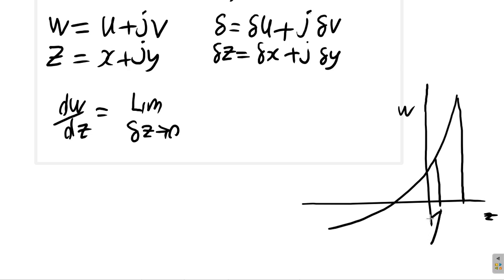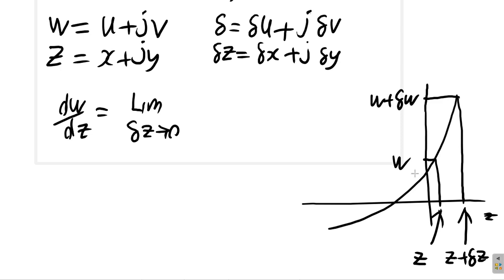Now, this here is Z, and this here is Z plus a change in Z. So this here is W, and let me just erase this and replace it with W plus a change in W. Alright?